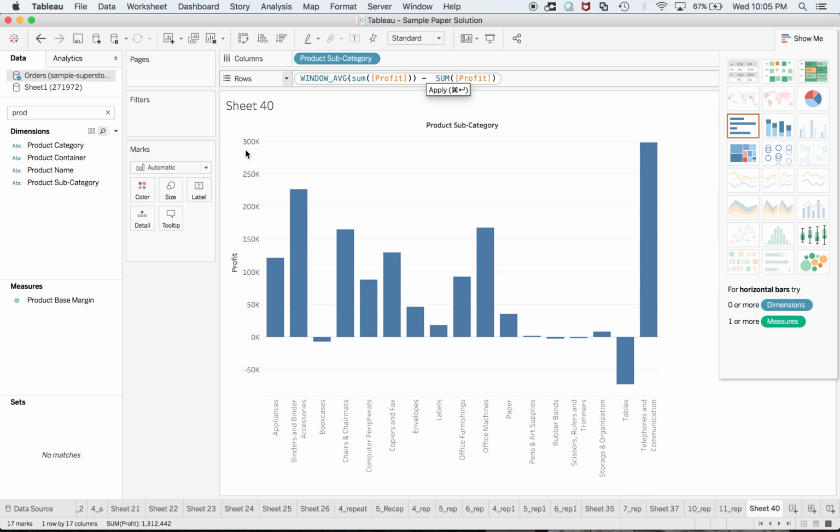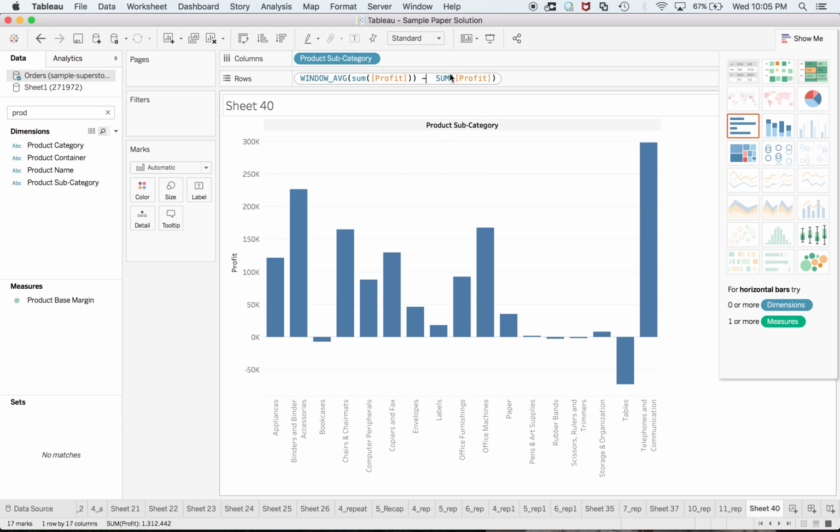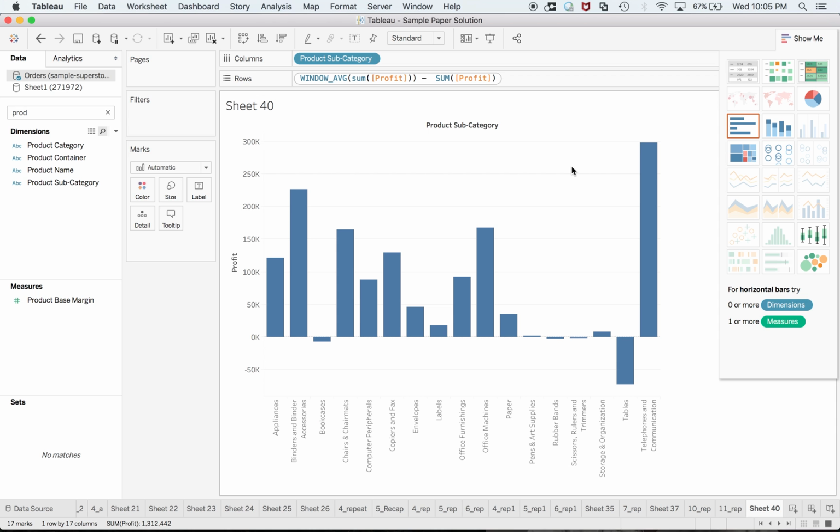So if I subtract profit from the window average, then there is one category which is 31,000 below the average profit. So I should get 31,000. Wherever I'll get 31,000, that would be my 31,069. That will be my answer.